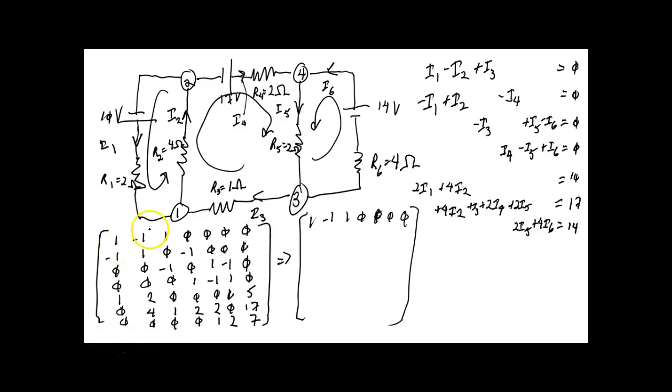Okay, so add those 2 rows together, and what do we get? 0, 0, 1, negative 1, 0, 0, 0. All right. And then the next 2 are already taken care of, so I'm going to write those down. 0, 0, minus 1, 0, 1, minus 1, 0.